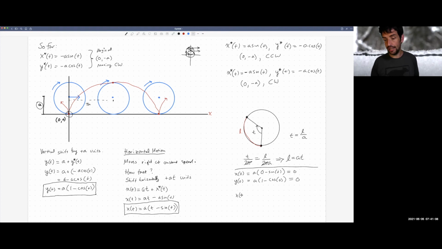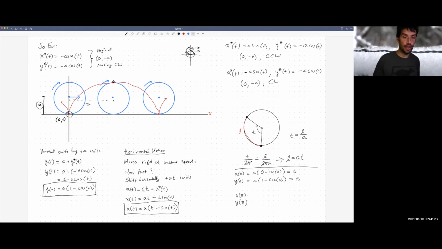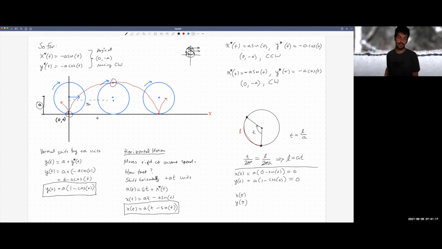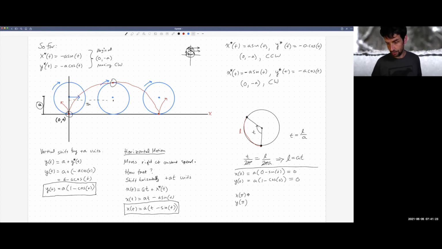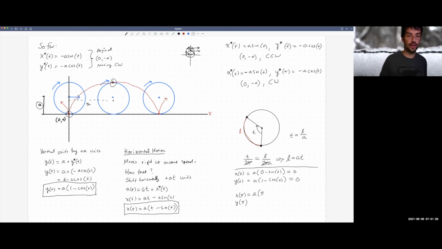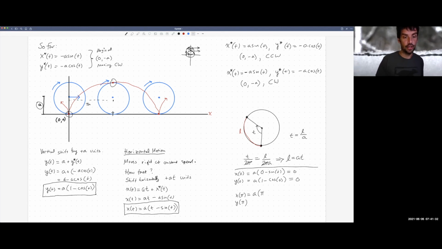So at pi, that should be when we're at the top of the circle. T has traversed pi units. So let's look at x of pi. Let's decide where we should be at this point. So this horizontal axis, I guess.